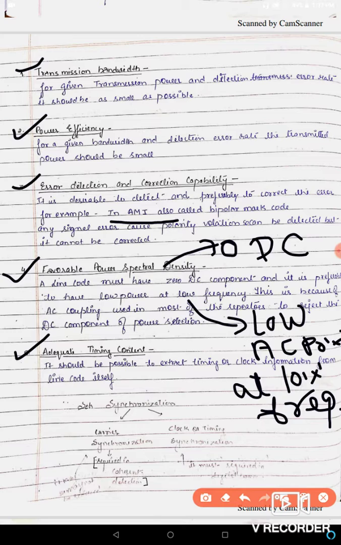There are various methods of synchronization, but the important method is that we must be able to detect the clock from the received signal itself. That is called self-extraction. So the line code must be such that we can detect the timing content from the data itself, and for this it is important to have enough transitions in the given line code.